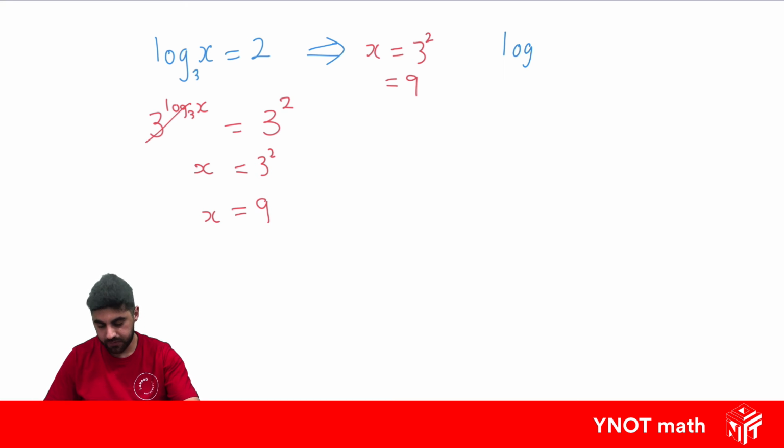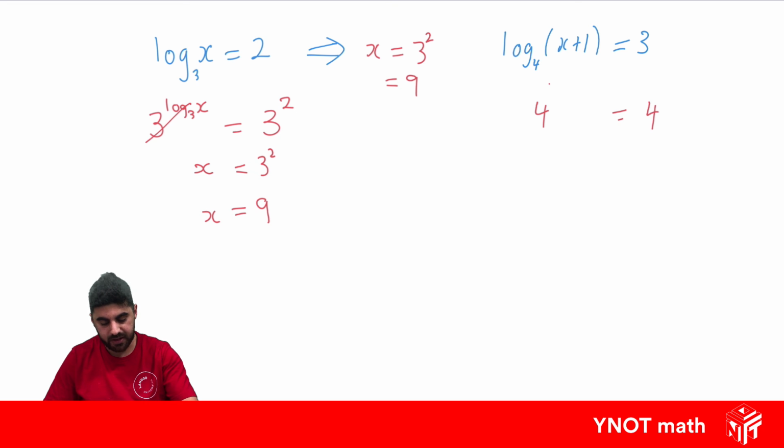What if we have log of x plus 1 in a bracket, base 4 equals 3. Let's try the trick we just learnt. So since our base of the log is 4, we want that to be the base on both sides.